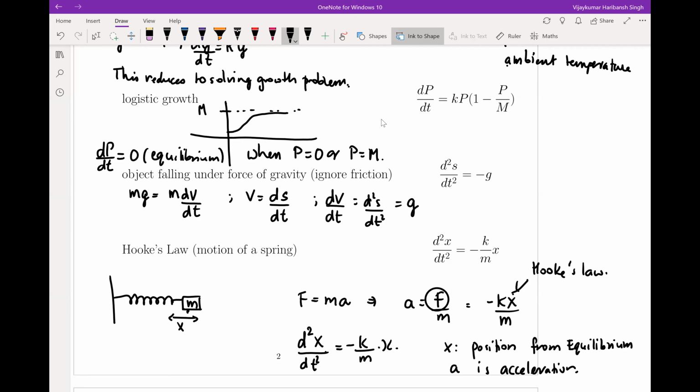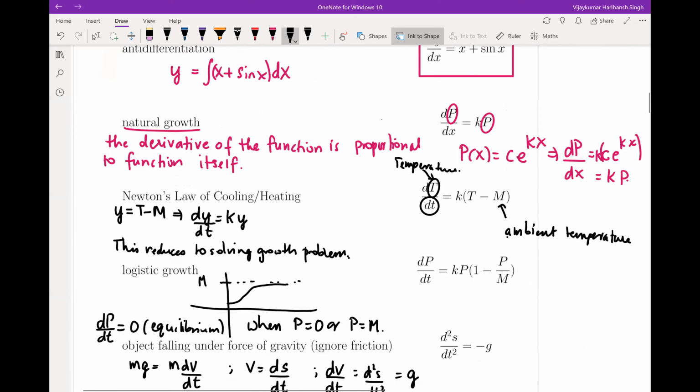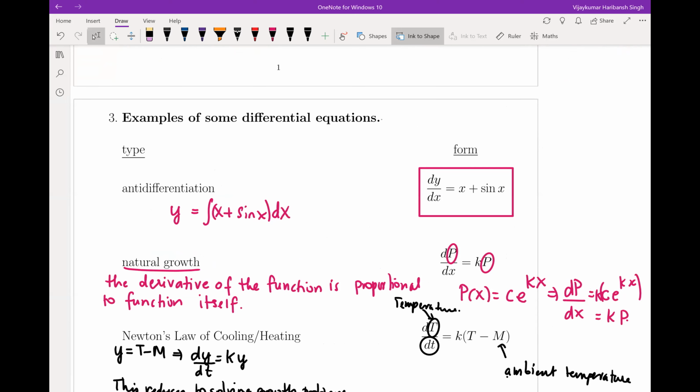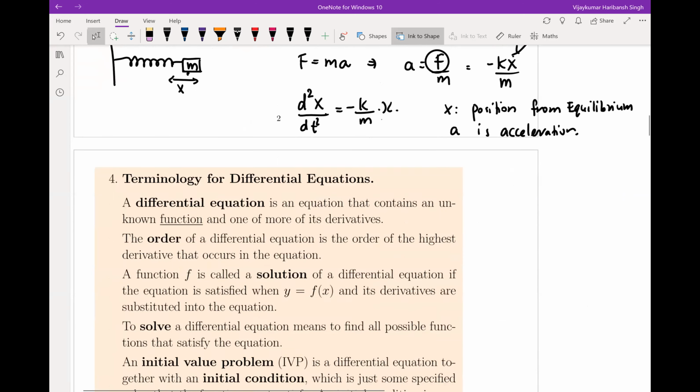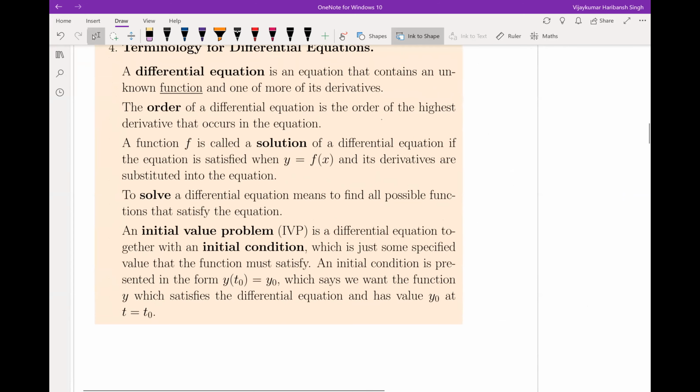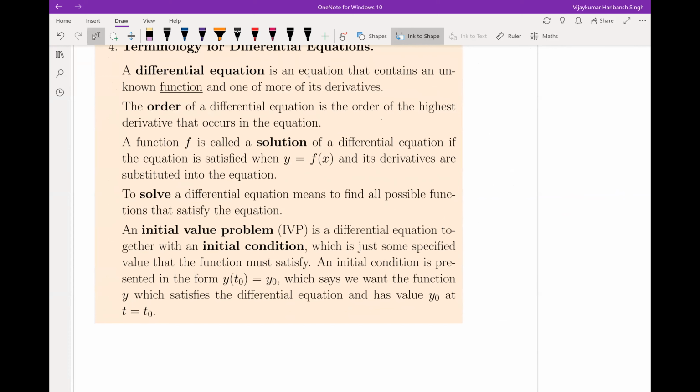So the idea is the following. Actually, the bigger picture is that differential equations capture so many different scenarios. So again, what is a differential equation? A differential equation is an equation that contains an unknown function and one or more of its derivatives. The order of a differential equation is the order of the highest derivative that occurs in the equation.